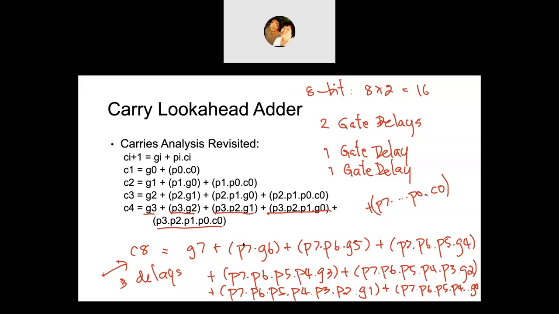You say bye-bye. No. Please, teacher, please don't ask me like that. Right? How can we have a simplified version, or the trade-off between the faster circuit and the complexity of the circuit?